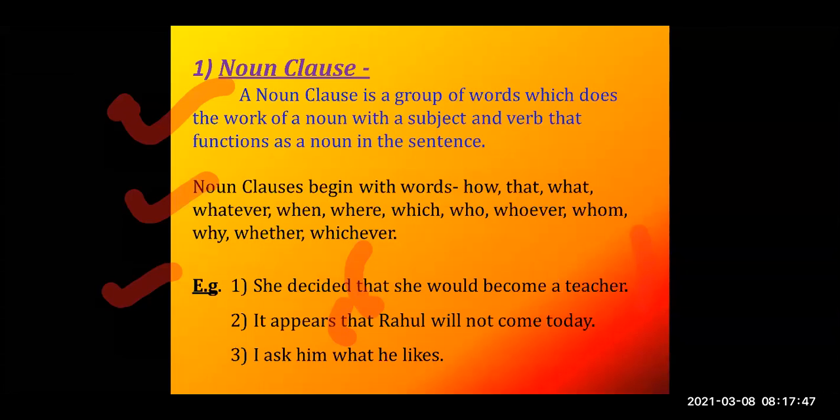Third example: I ask him what he likes. Again, what he likes is our noun clause. He is the subject, likes is the verb. Okay. So these are the examples of noun clause.